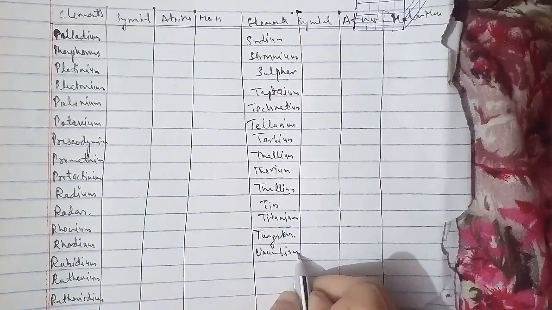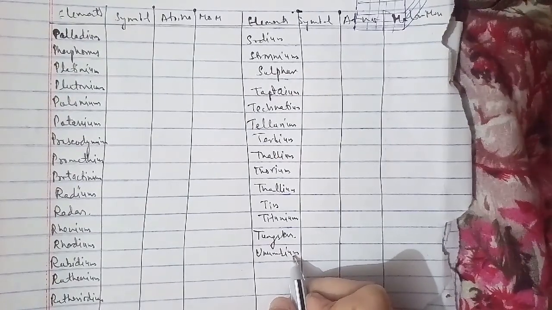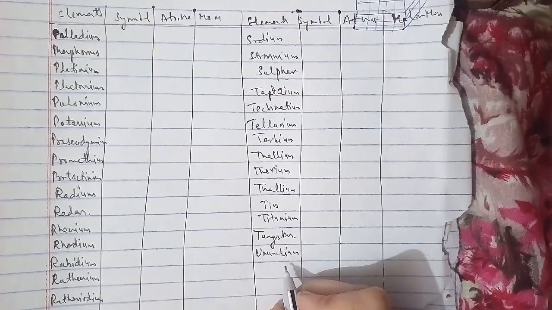Molar mass is 195.09. For plutonium, it is Pu, 94, 244. Then for polonium, we have Po, this is 84, 210. Then for potassium, it is represented by K, 19, 39.10.